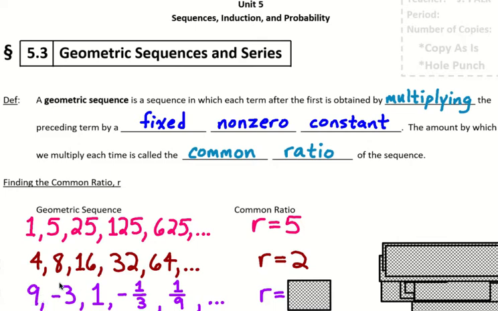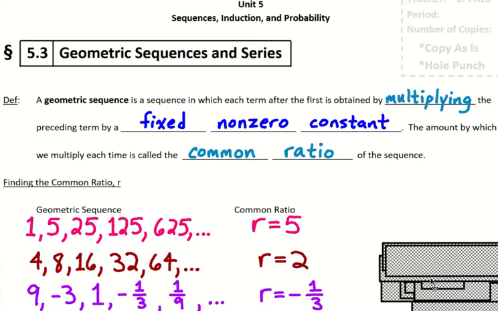What are we always multiplying by to get to the next term? Like 9 times what gets you here, and then -3 times what would get you there. And it turns out that it's -1/3.